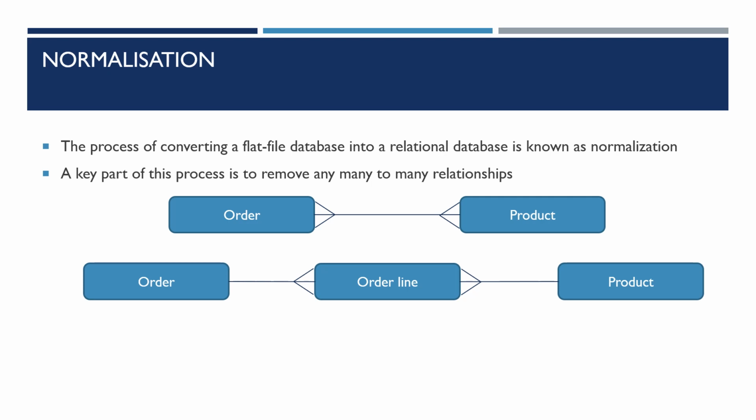So now we have an order will have many order lines, and an order line can only appear on one particular order. However, if we look on the other side, one product could appear on any order line, but there might be many order lines with a product on them. So we've created a link that allows us not to have to implement a many-to-many relationship.